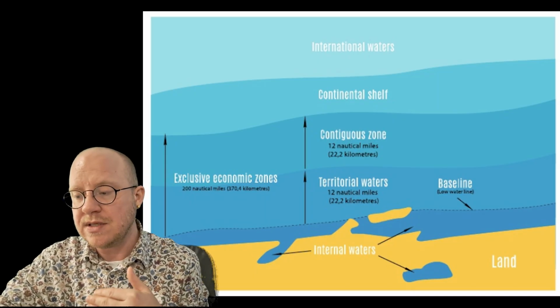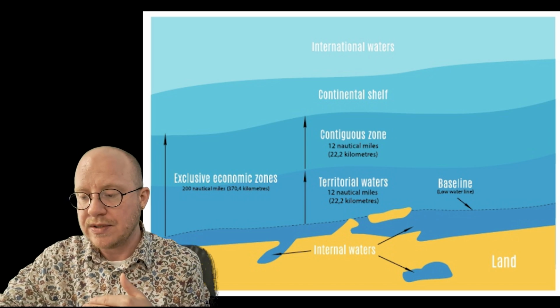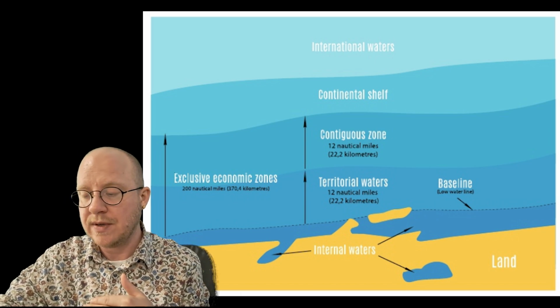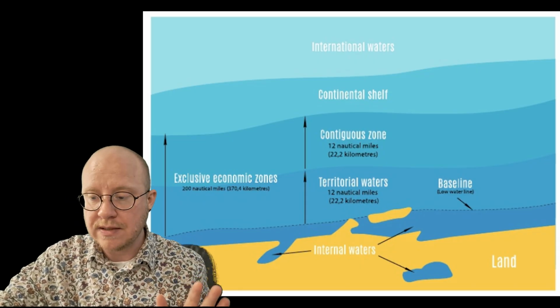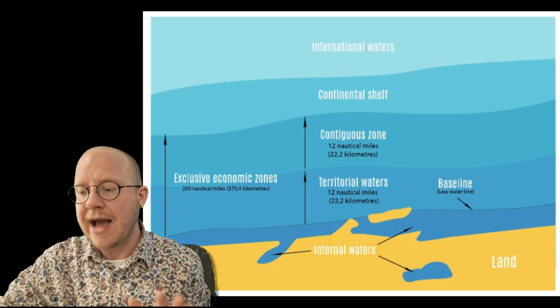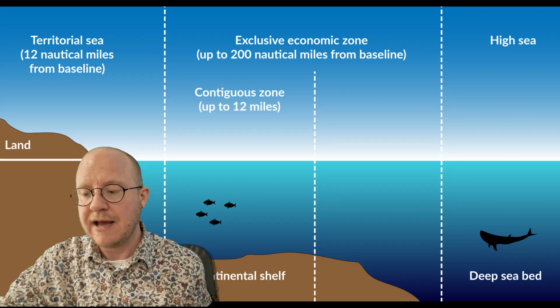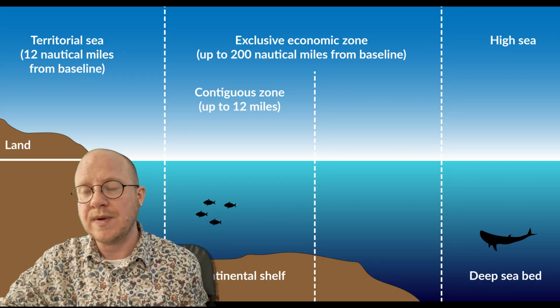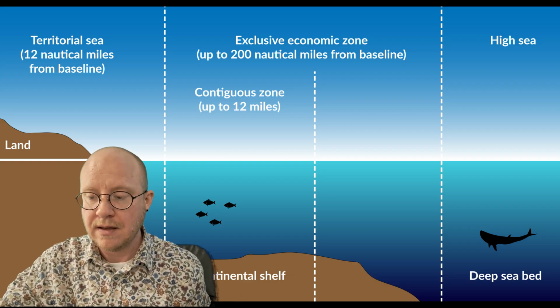The contiguous zone forms the outer edge of the territorial waters, between 12 nautical miles and 24 nautical miles from the coastline. In contrast, the open oceans, or high seas, fall outside of sovereignty issues and as a common resource can be overexploited without much regulation. Okay, so the high seas don't belong to anybody.